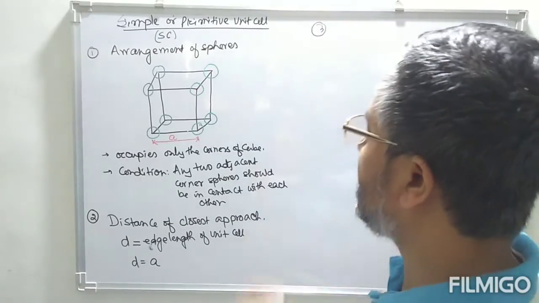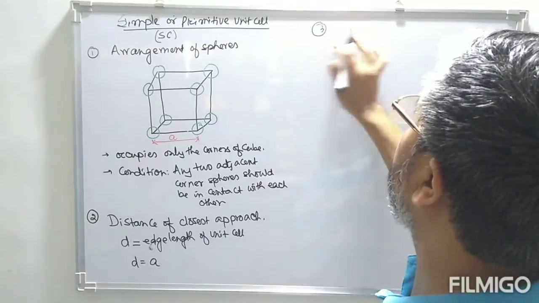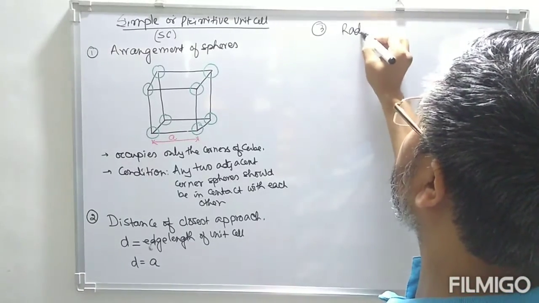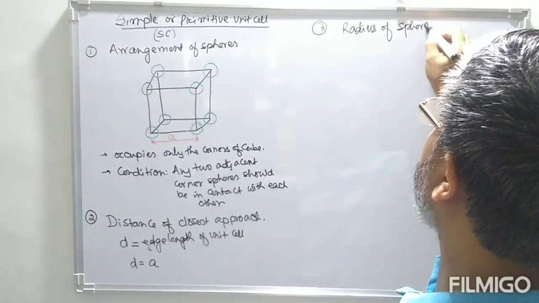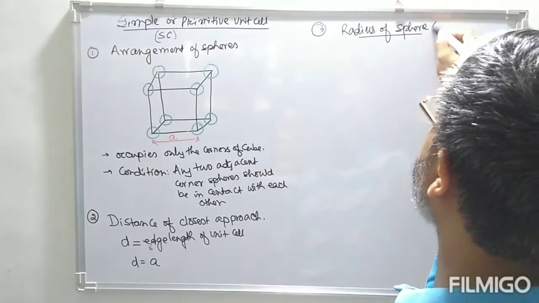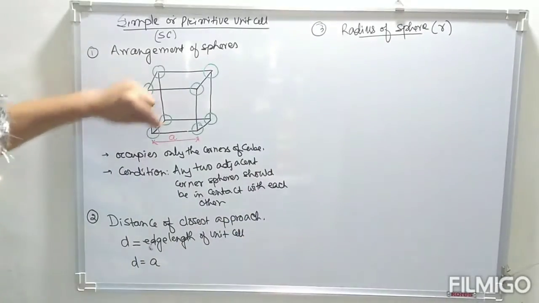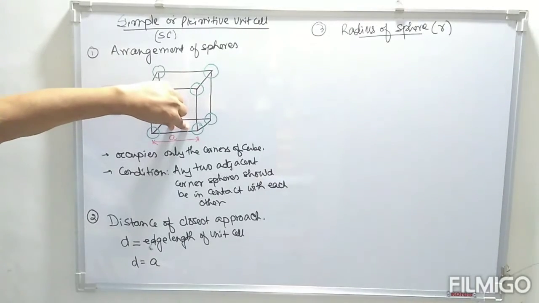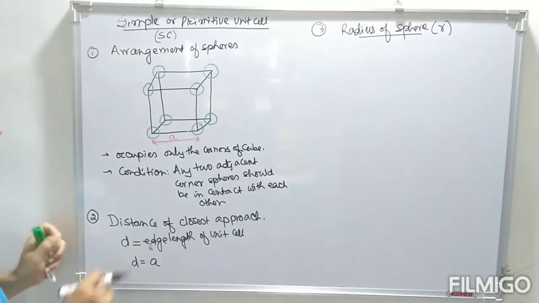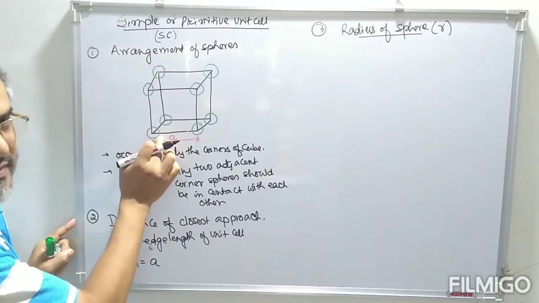If this is the closest distance, then next is the radius of the sphere, that is r. Now these two spheres are in contact with each other. So half of the contribution comes from this sphere, and another half comes from this sphere.